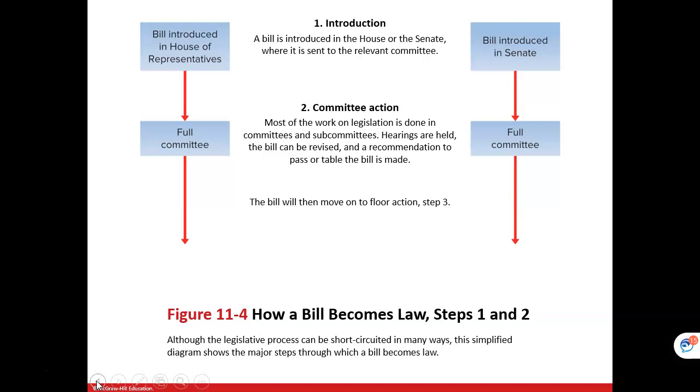The subcommittees will do the heavy lifting, look at the bill, take testimony, mark it up, do investigations, and then they will vote in the subcommittee. Then they will send it to the full committee. The full committee will take the recommendation of the subcommittee, and they usually will vote for the bill, or they will table it. Say, we're not going to talk about this right now.